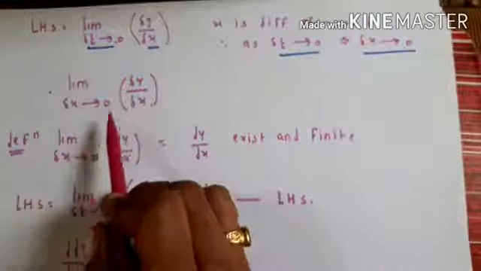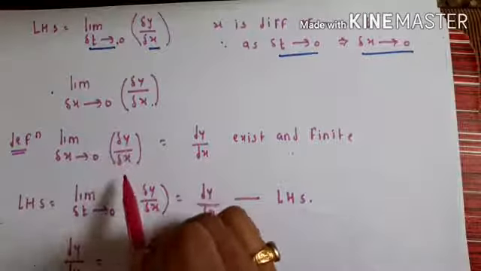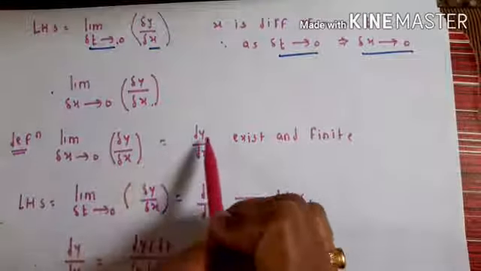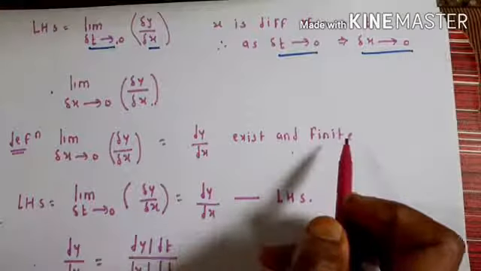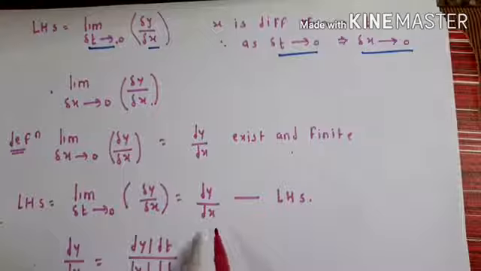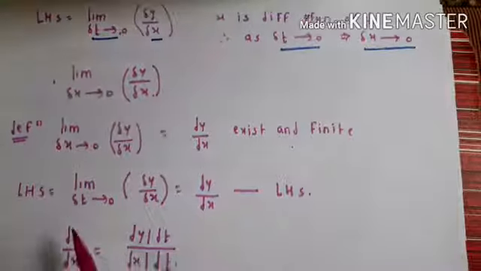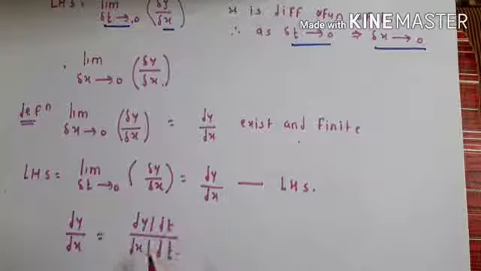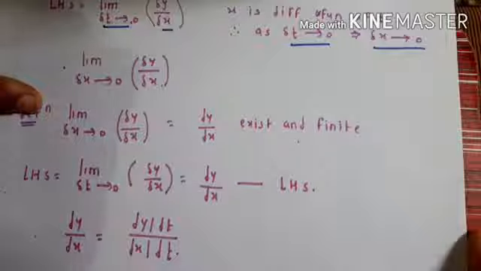And now, by using the definition, limit delta x tends to 0, delta y upon delta x equal to dy by dx, which exists and is finite. Hence, LHS equal to RHS, that is dy by dx equal to dy by dt upon dx by dt. Hence, the theorem.